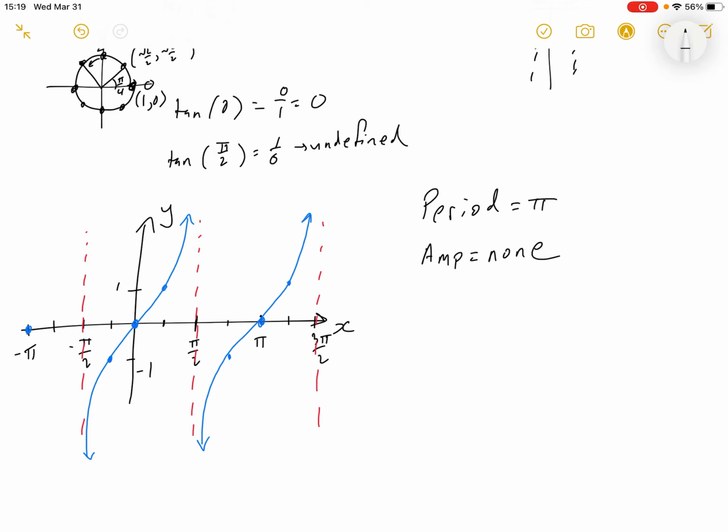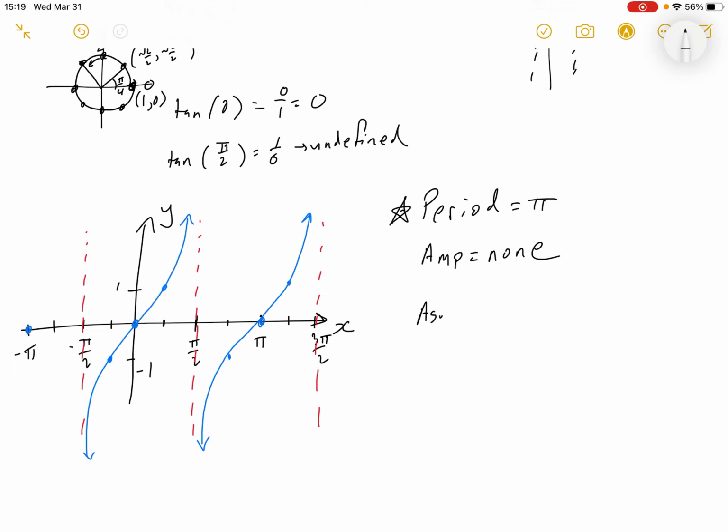So there's really no amplitude. We don't really think about phase shift on this one or midline and average value on these ones. So really the key word from what we've seen in previous examples is period. We don't really care about those other ones. We still will shift this horizontally potentially, but we don't really think of that as a phase shift.